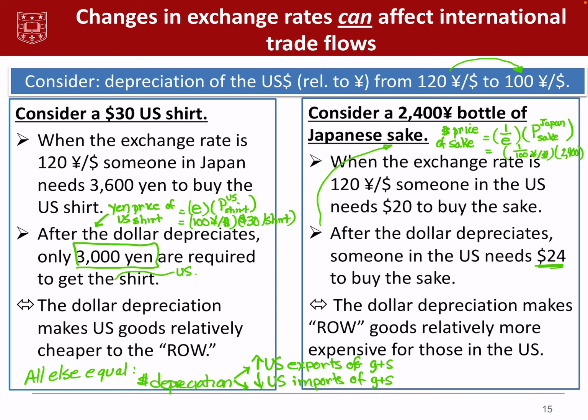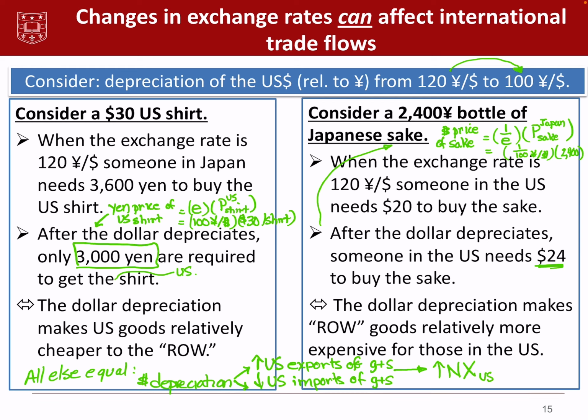Why? Again, US stuff becomes relatively cheaper from the perspective of the rest of the world, and the rest of the world's stuff becomes relatively more expensive from the perspective of those in the US. And so, other things equal, higher exports and lower imports should together cause net exports of goods and services in the US to go up.